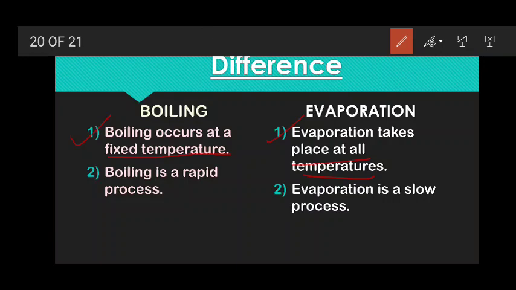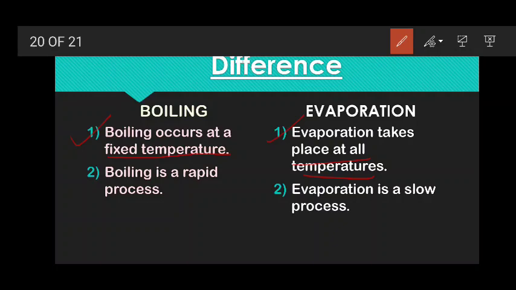So no fixed temperature is required for that. It means evaporation takes place at all temperatures. But when you boil something, when you boil water, then it occurs at a fixed temperature. For example, I'm taking water. The water boils at what? 100°C.